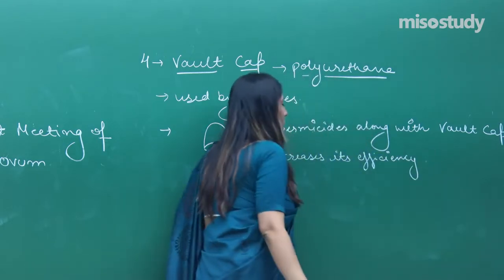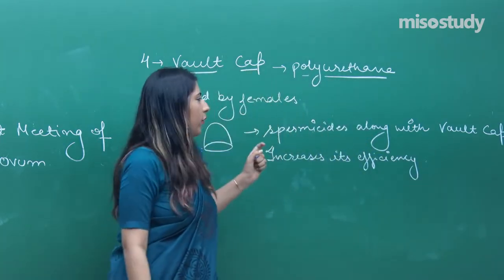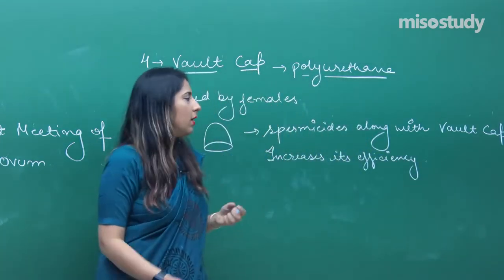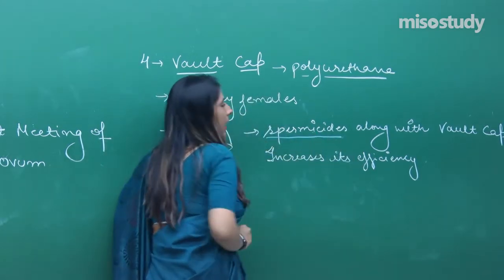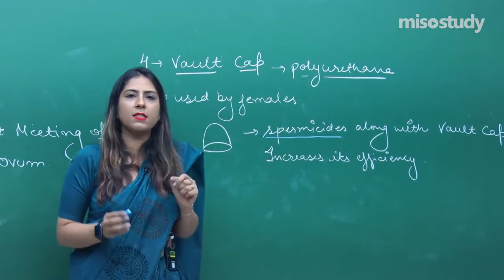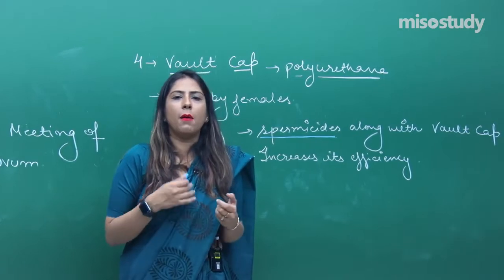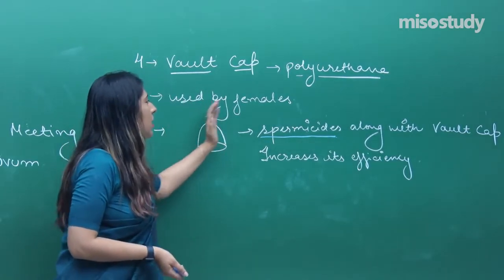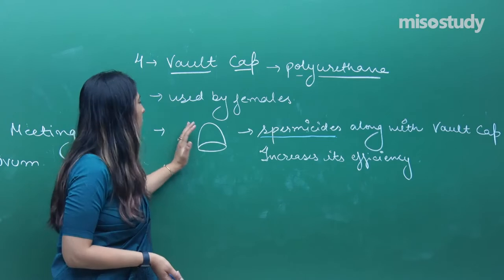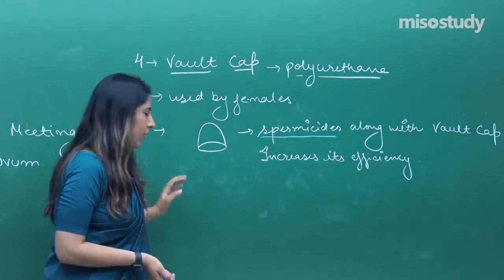So what will happen? Whenever the sperm will enter into the vagina, first of all, it will be killed by the spermicides, right? Some of the sperms which will remain will not be able to enter because the whole reproductive system is covered by one particular thing that is called a vault cap.